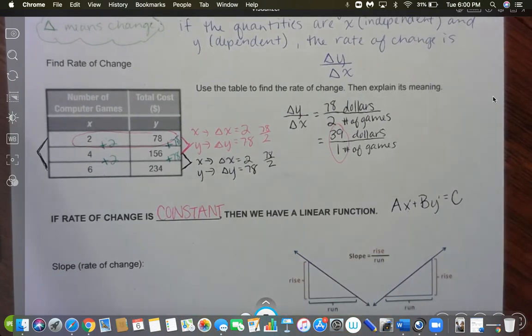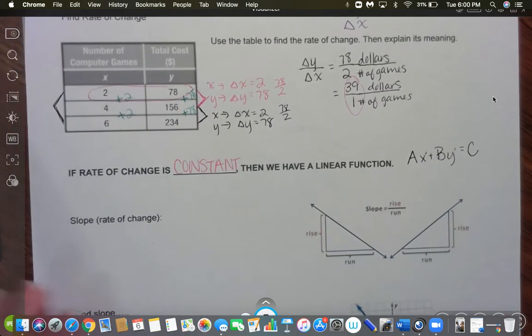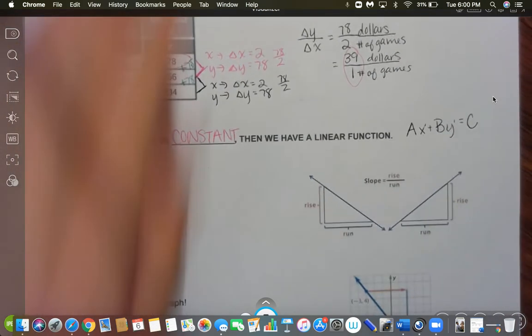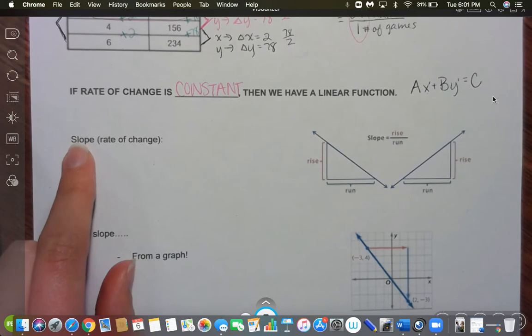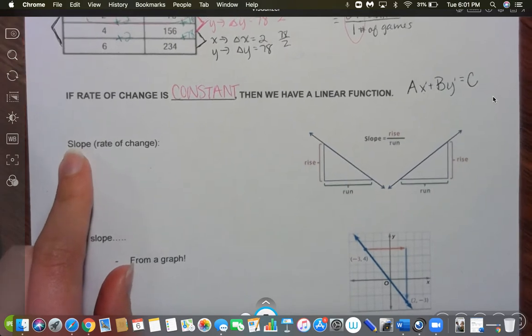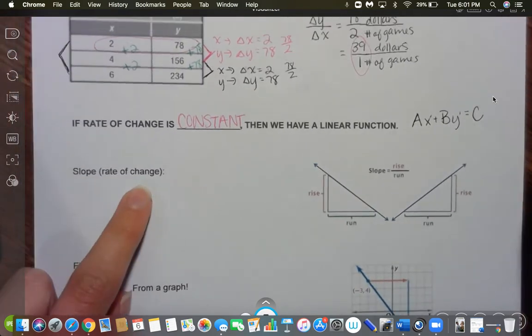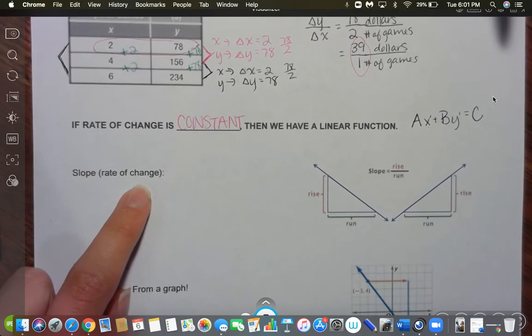The reason we started talking about rate of change is that rate of change might be something you have heard of before, but it all relates to this huge algebraic concept of slope. You may have heard of slope before, okay? But I put rate of change next to it because the definitions are super similar.